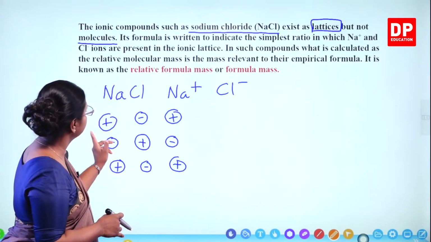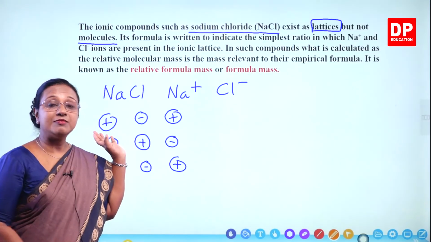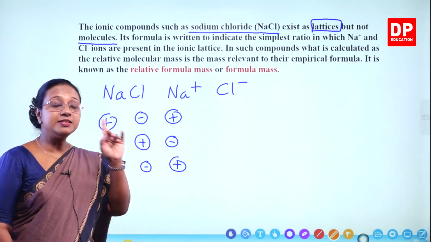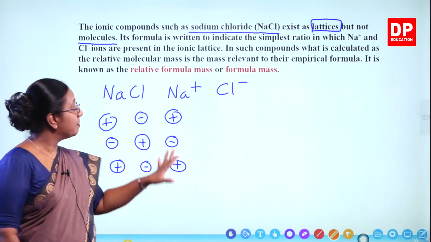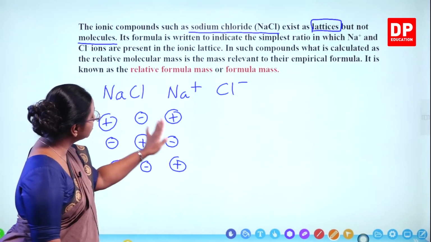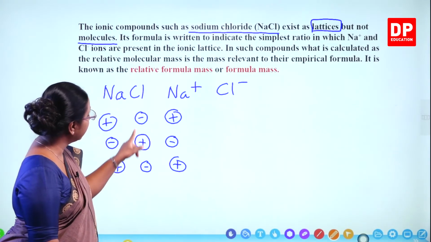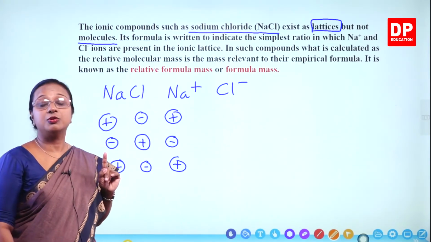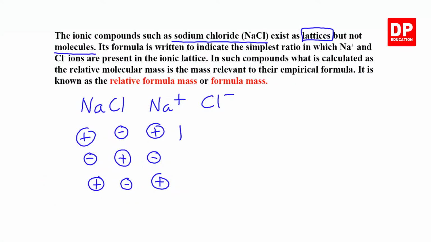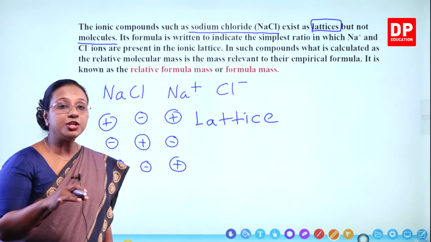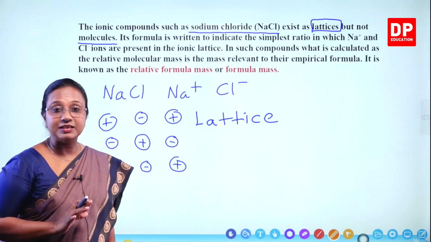So in this, you can see, unlike what we discussed before, if you take water, there are 2 hydrogens, 1 oxygen. But in this, there are so many positive ions, that's sodium ions, and negative ions, that's chloride ions. So in a lattice, there is going to be a lot of positive and negative ions.